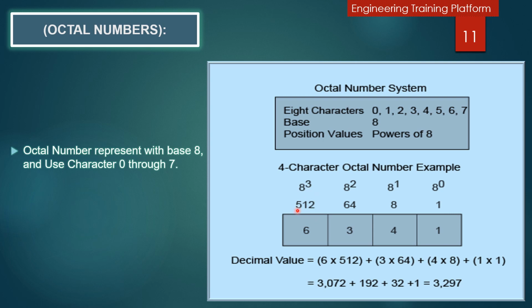Then after that all the values we are going to add to get the decimal value result. The final result for that is 3297. It means the octal number 6341 is equal to 3297.